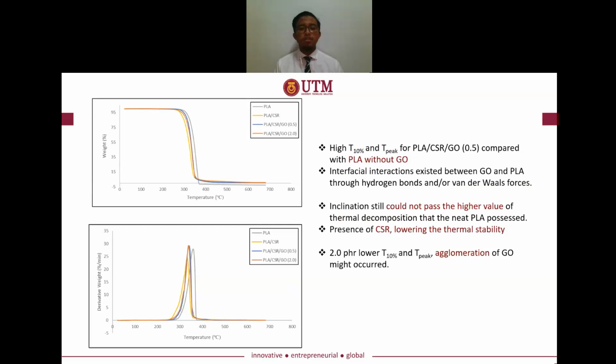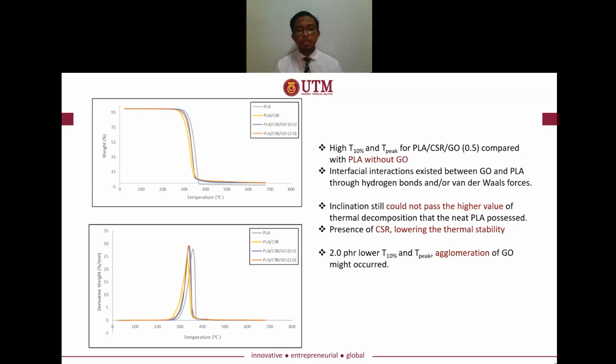This is due to interfacial interactions between graphene oxide and PLA through hydrogen bonds and van der Waals forces. Their increase still could not pass the higher value of thermal decomposition that neat PLA possesses. This is due to the presence of caustic rubber in all of our composites, which lowers the thermal stability.